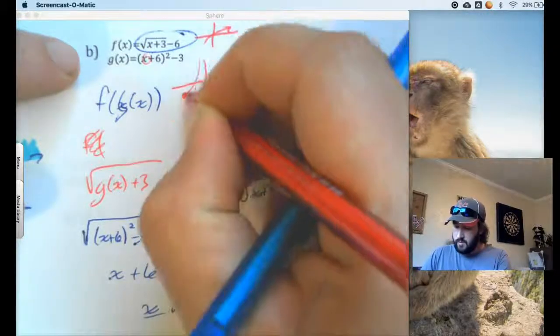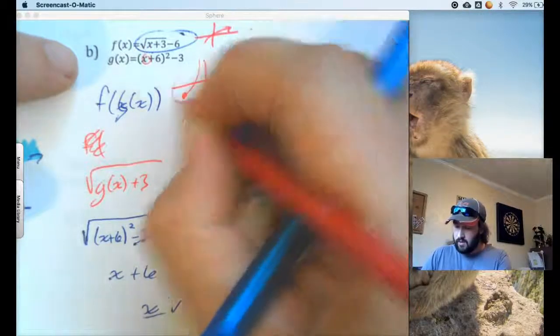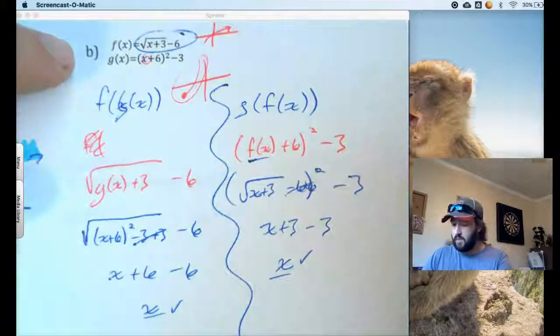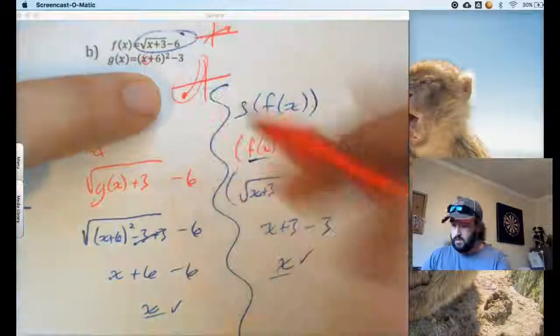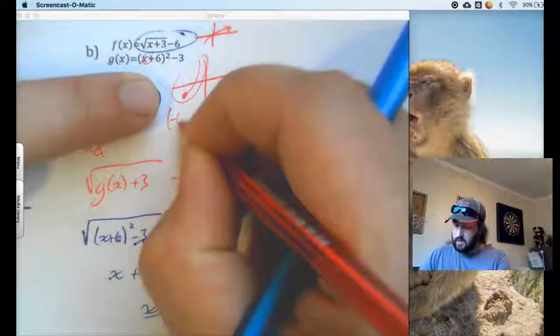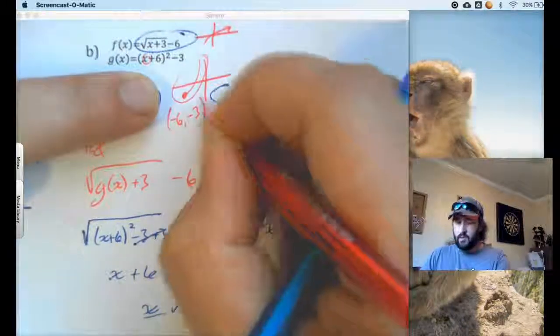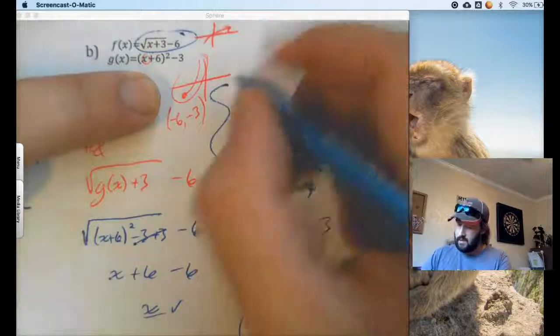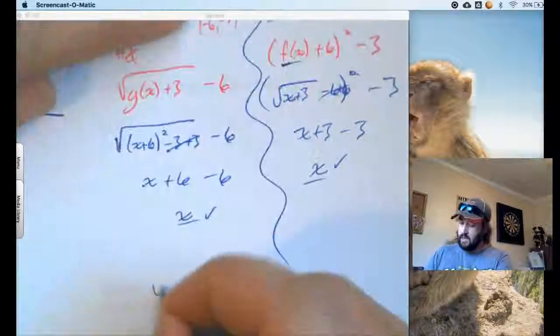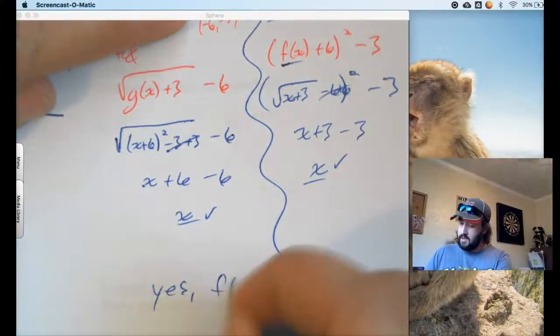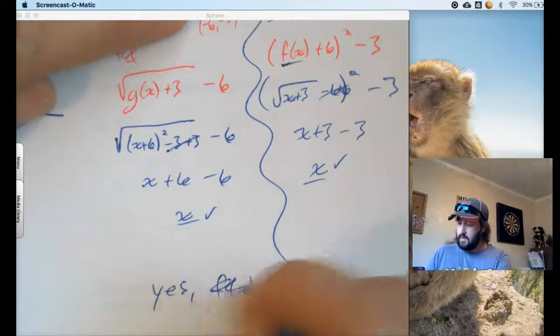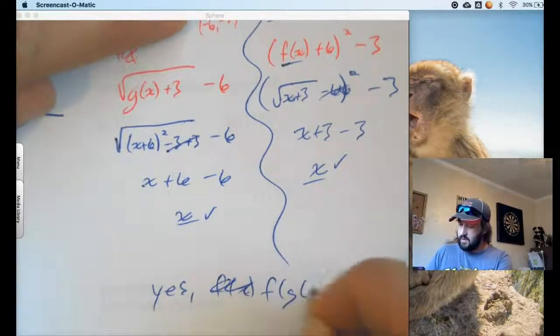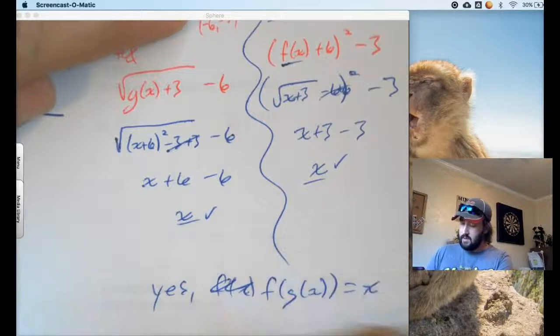So on this one, in order to take only that part, only the positive part of my graph, this part, right, my vertex is happening at negative 6, negative 3. So I need to say the x values need to stay greater than negative 6. So this would be yes, because f of g of x equals x.